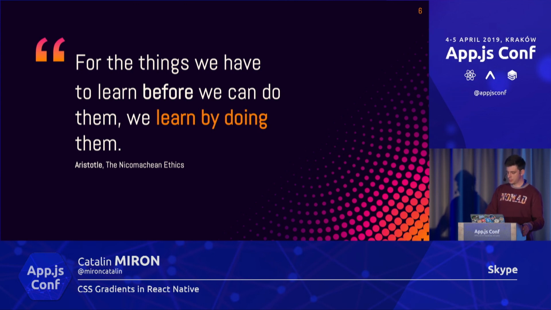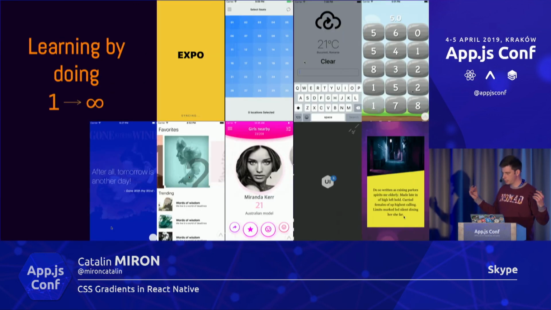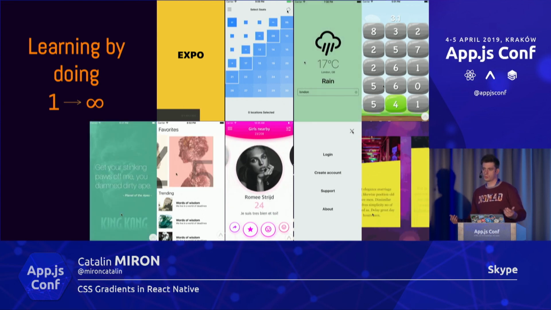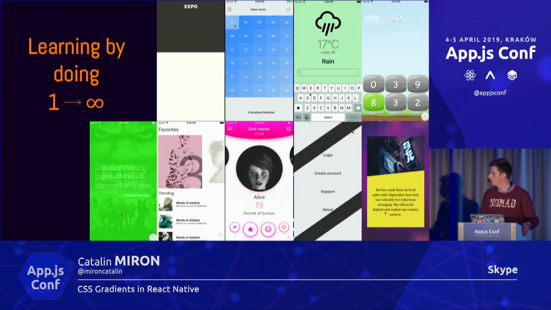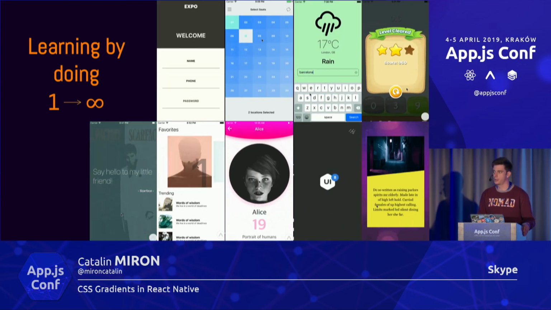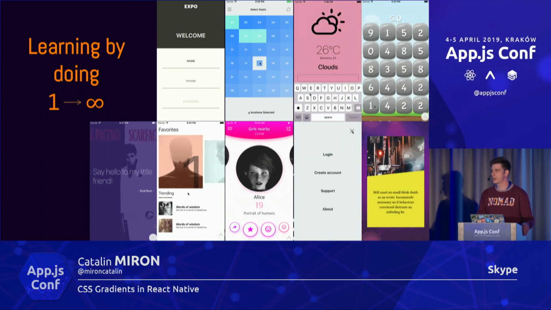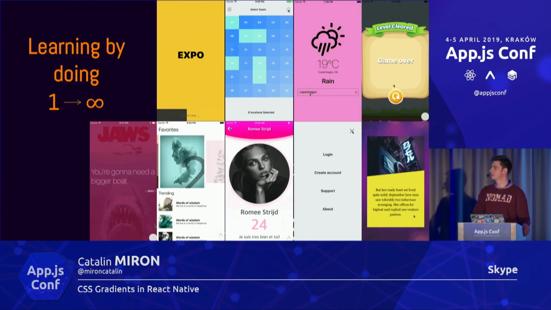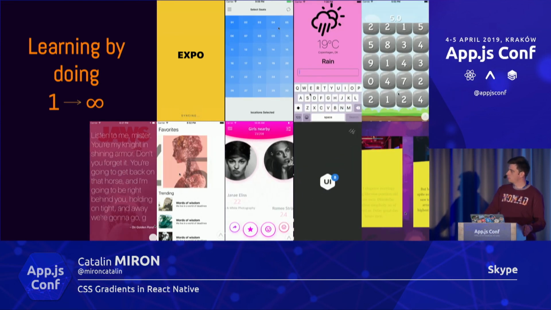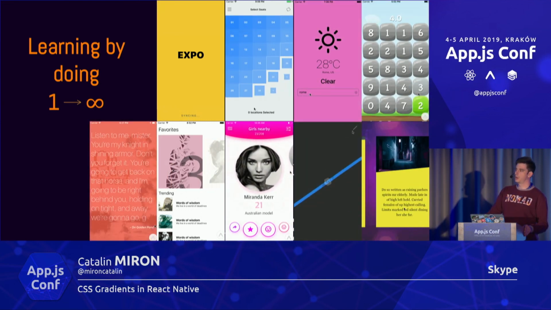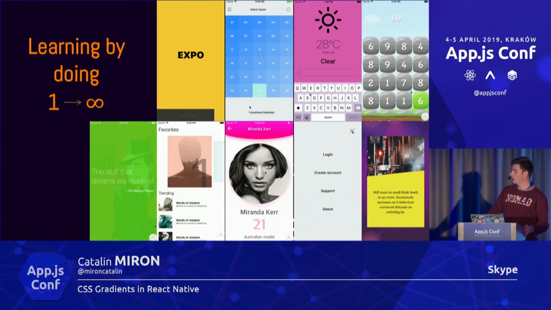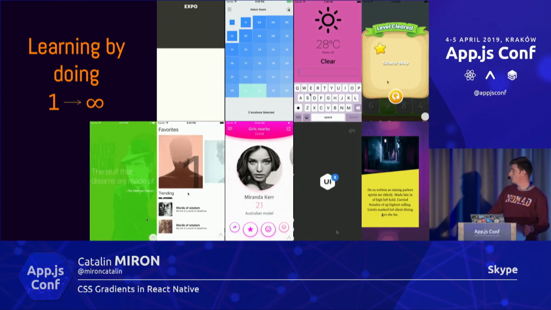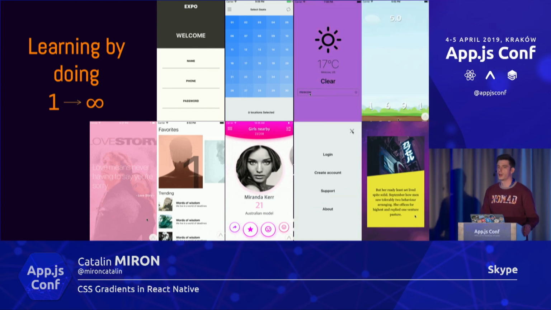And I created a series called Learning by Doing, where I'm mostly taking interactions done by great designers, published on Dribbble, UI Movement, and Pinterest. And I'm trying to recreate those in React Native using the Animated API and other third-party libraries.